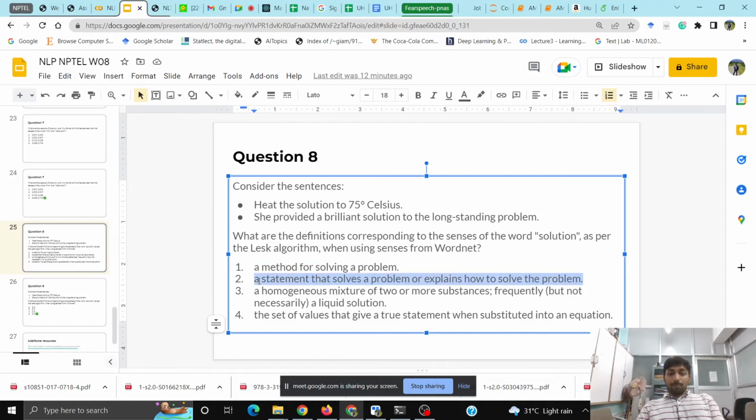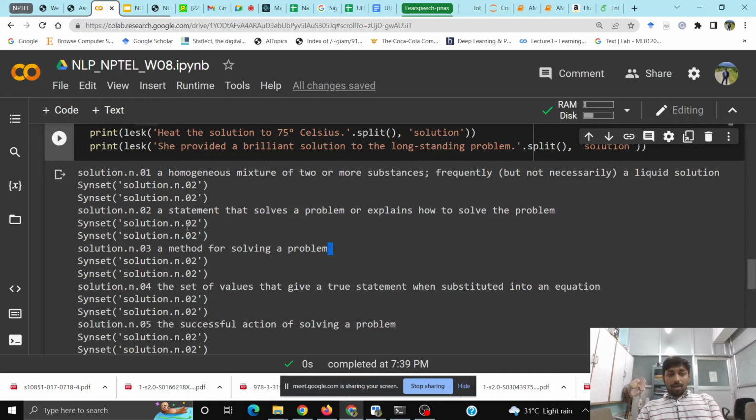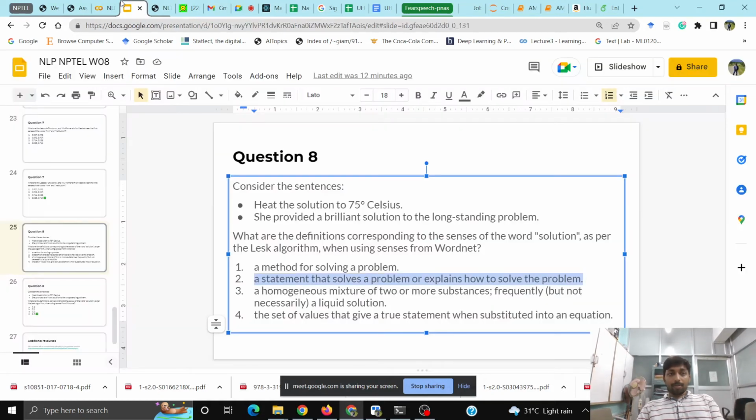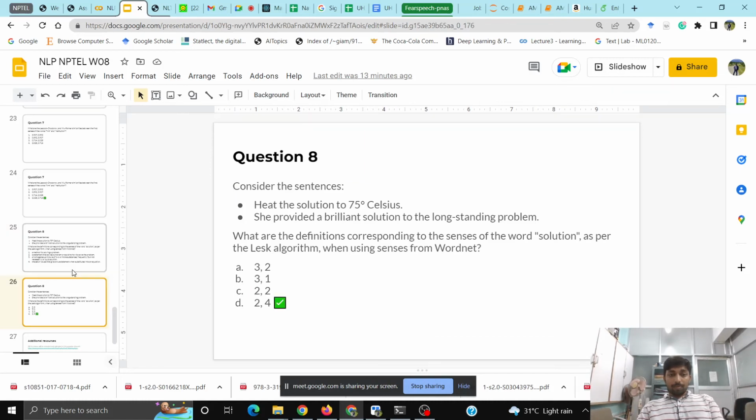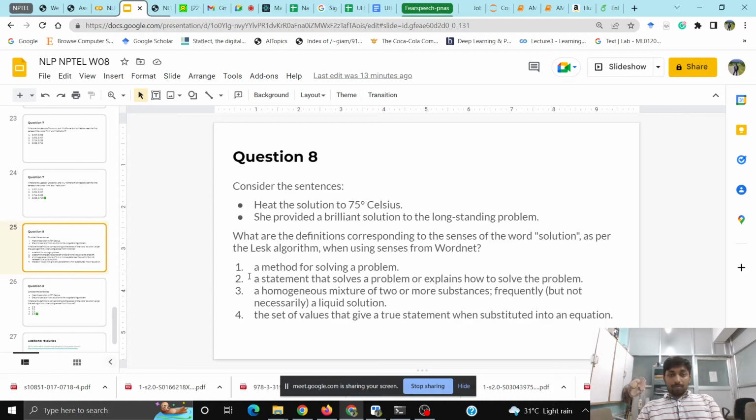A statement that solves a problem or explains how to solve the problem. This is also there. A homogeneous mixture of two or more substances. So heat the solution.